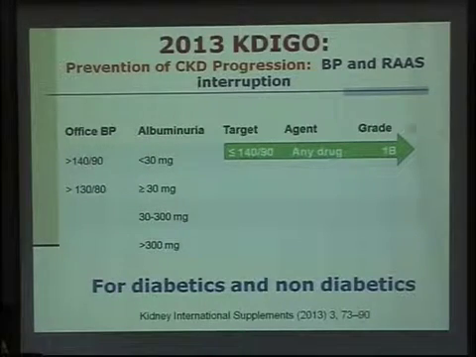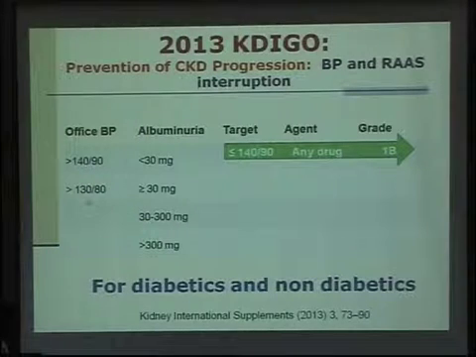And the grade of evidence is a recommendation based on moderate evidence of research. So when we prescribe antihypertensives, we should look at all these factors and individualize our management according to the patient's demographics. Okay?